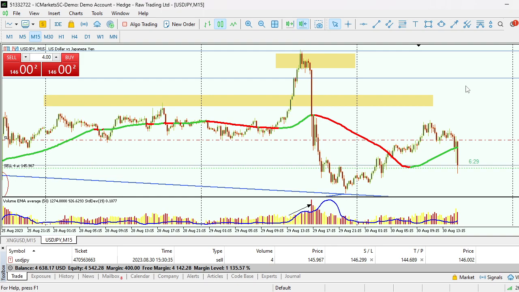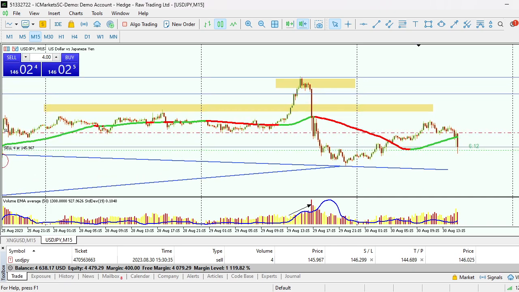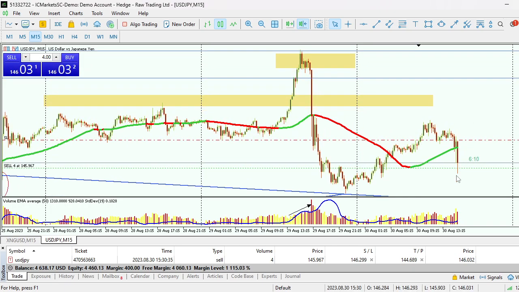So we have to be patient. Anyways, today the data release is not that volatile at all, but it is giving us an indication that the market is gonna move down. We will have to wait.